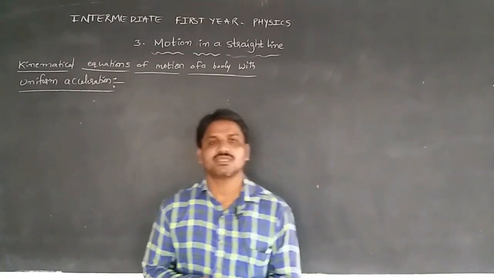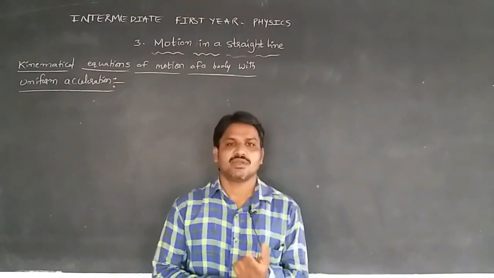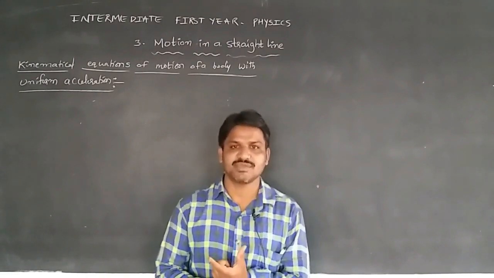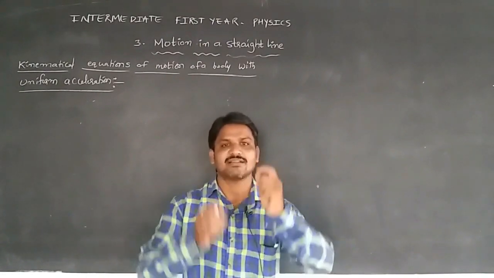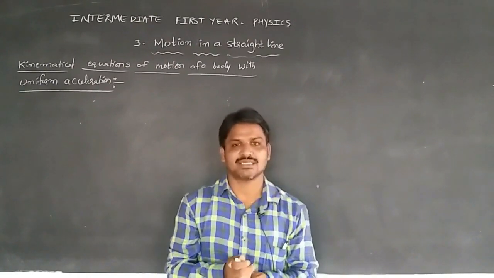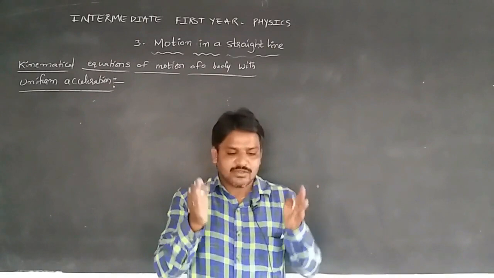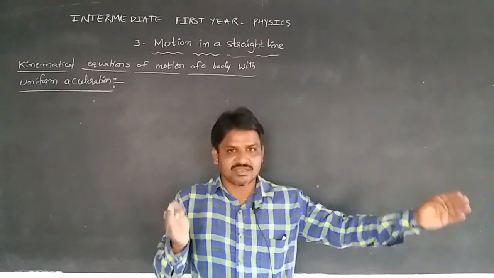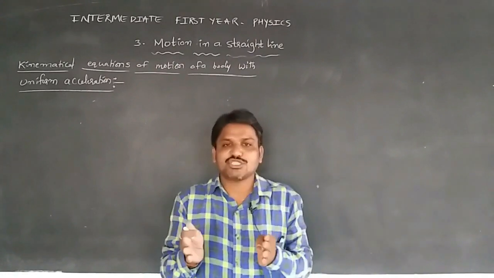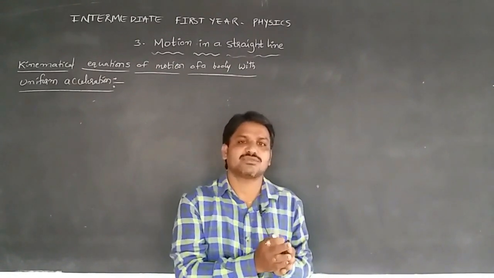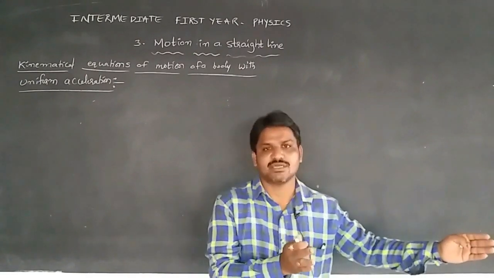We also learnt what uniform motion is. Uniform motion means the body travels equal distances in equal intervals of time. For example, in the first minute the body travels 10 meters, then in the second minute it also travels another 10 meters.